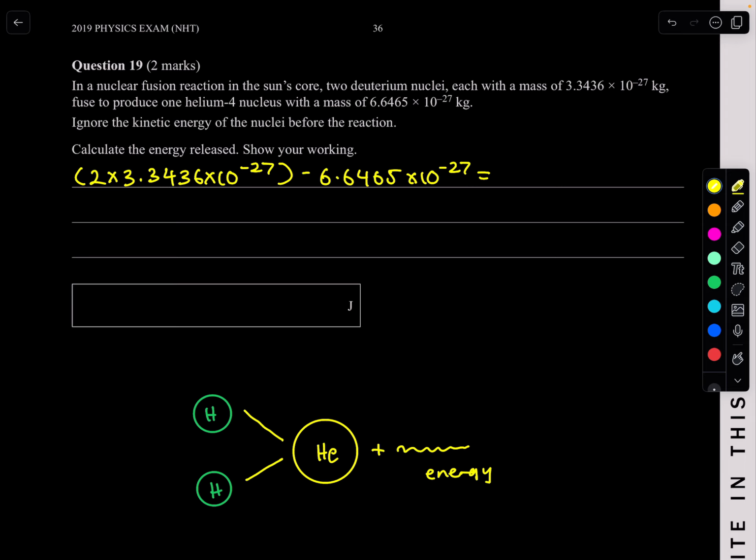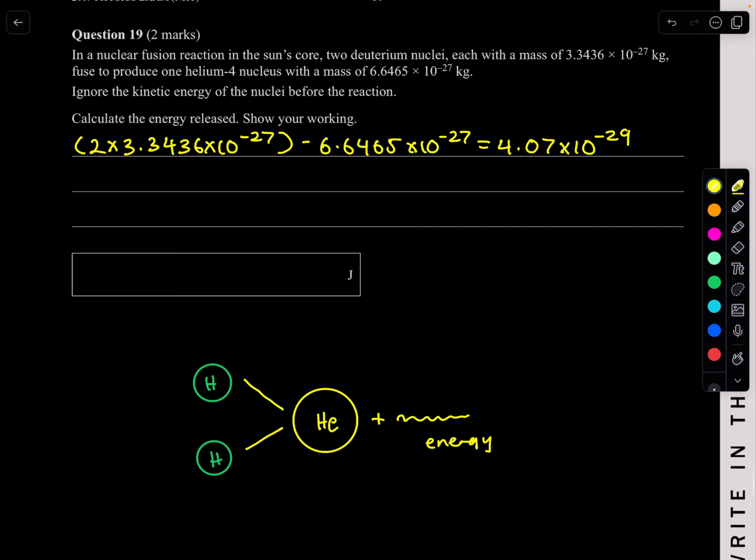So I get a mass change of 4.07 times 10 to the negative 29. Easy. Now we've got that in kilograms. We're going to use rest energy, or your energy release, which is mc squared. So that mass times your speed of light squared.